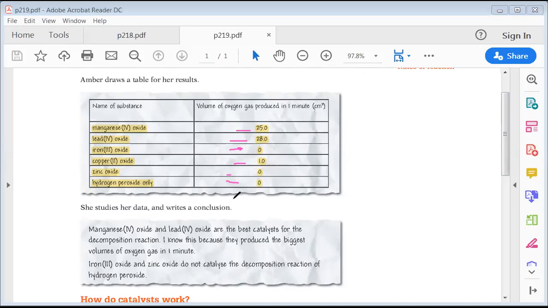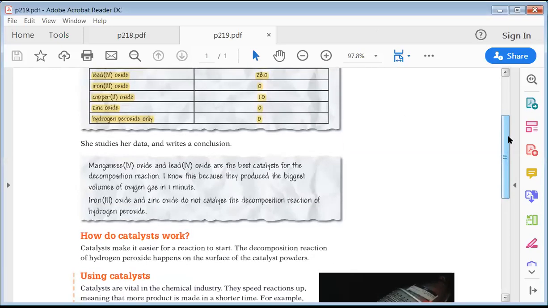Now she made her conclusion, depending on her results. She concluded that manganese oxide and lead oxide were the best catalysts for the decomposition reaction because they produced the most oxygen.